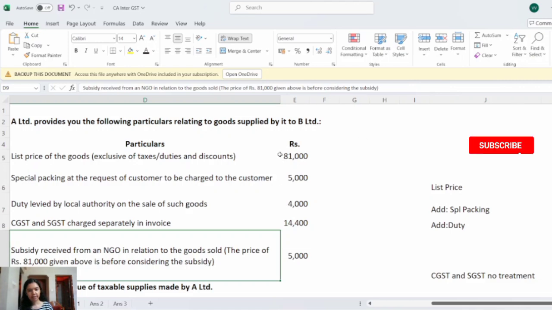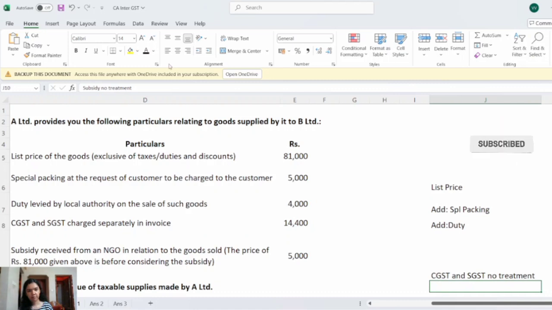That means in this 81,000, the subsidy is not deducted. And as per Section 15, if the subsidy is received from an NGO, it has to be included in the price of the goods. So in this case, rupees 5,000 is already included, so we will not be deducting this again. Hence, in case of subsidy also, no treatment will be given.